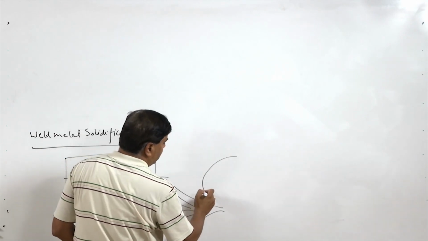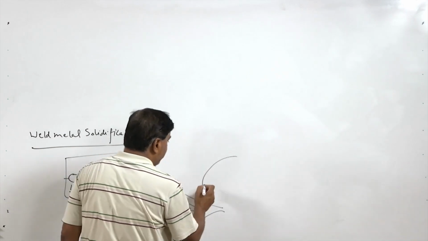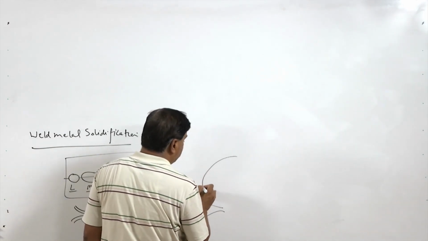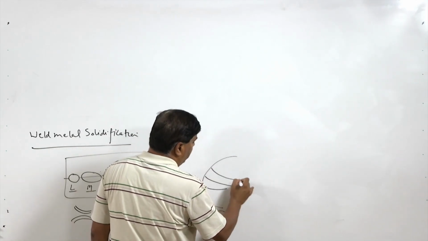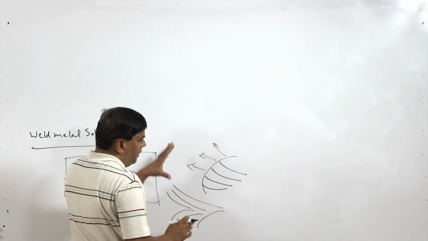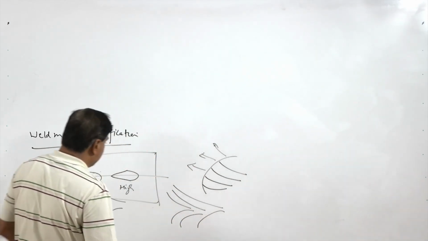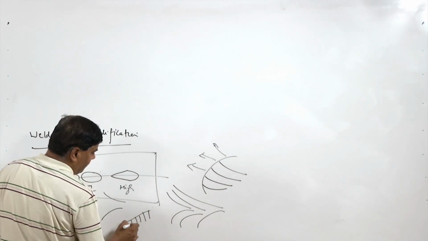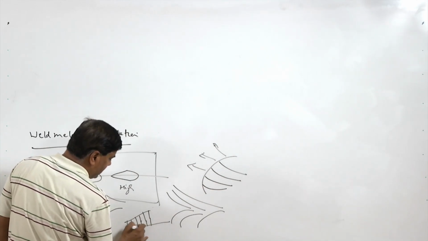During the solidification, when the pool is also moving, the boundary is also moving. So, the growth will occur perpendicular to the fusion boundary, because heat is transferred away, and all the grains will grow like this. But in the case of a straight fusion boundary, when the pool is straight, all these grains will be meeting at the center.